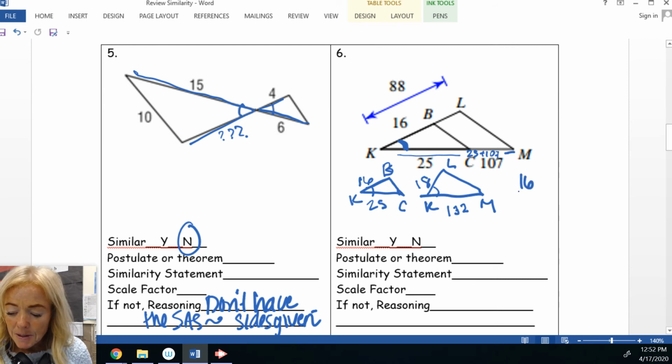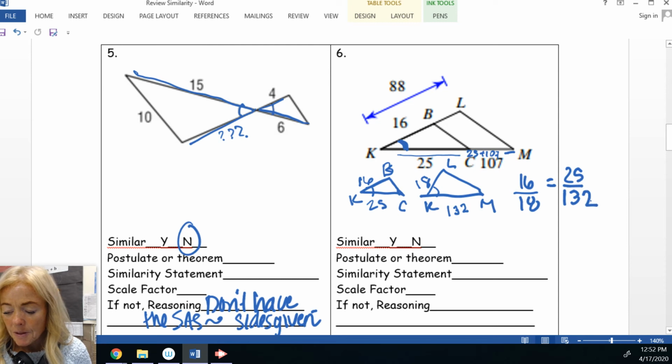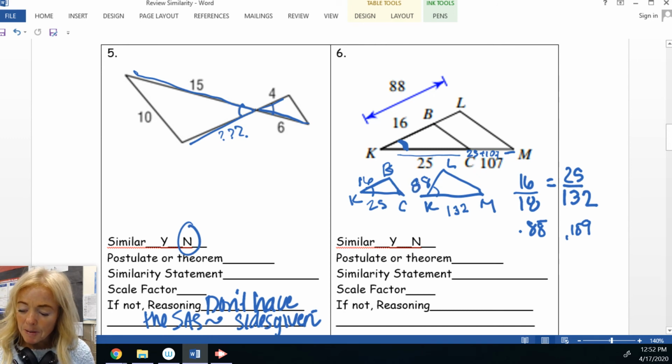So 16 over 18 should equal 25 over 132. So 16 divided by 18 is 0.888, and 25 divided by 132 is 0.189. Oh, I did 88 and I meant 18. My bad. Sorry, I didn't see that until now. The whole side is 88.